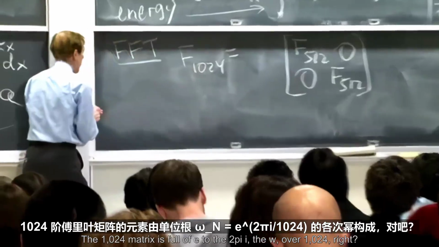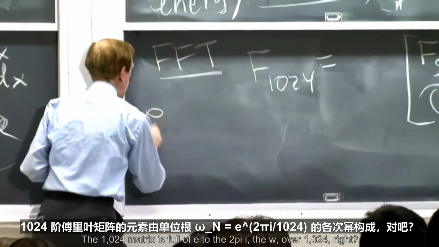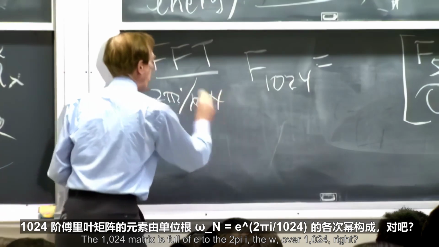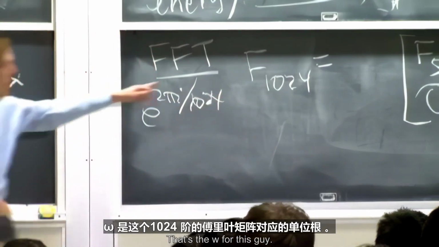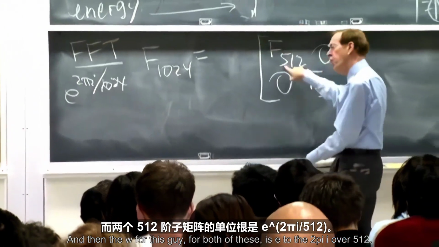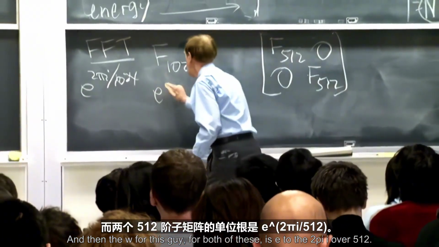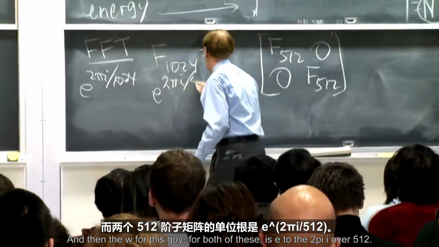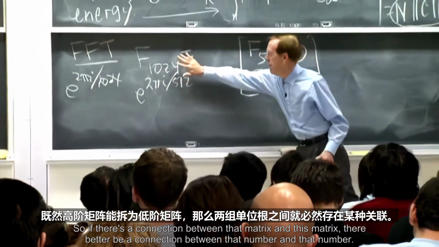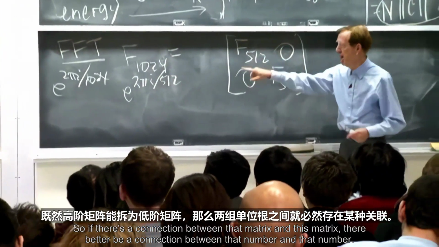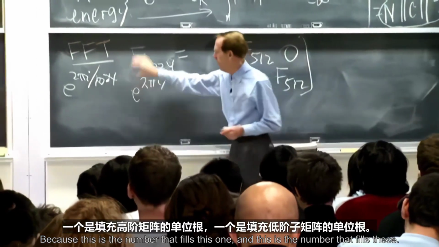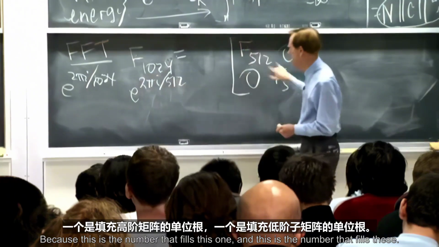The 1024 matrix is full of e to the 2 pi i, the w, over 1024, right? That's the w for this guy. And then the w for both of these is e to the 2 pi i over 512. So if there's a connection between that matrix and this matrix, there better be a connection between that number and that number, because this is the number that fills this one, and this is the number that fills these.